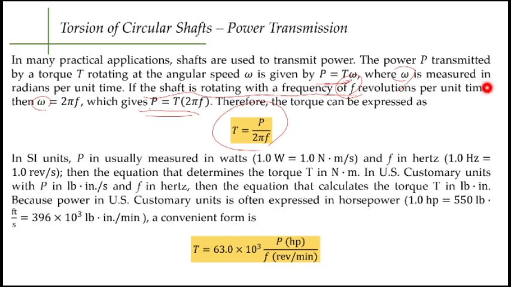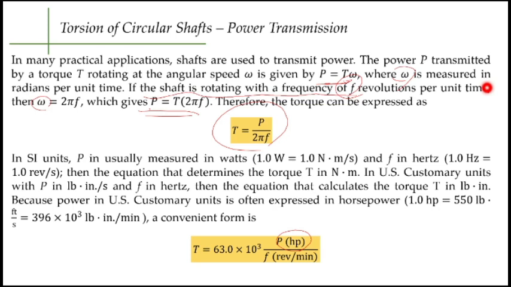And you guys are very good with the conversion already. But basically it means that if the power is in horsepower, in order for us to have torque in pound-inch, you use this formula. But nevertheless, you don't have to memorize this formula.